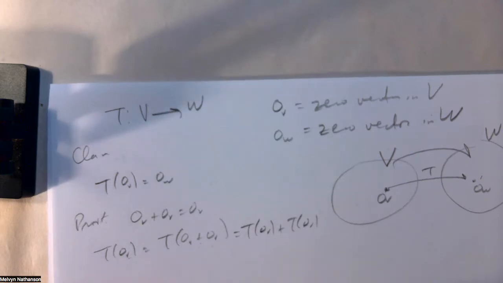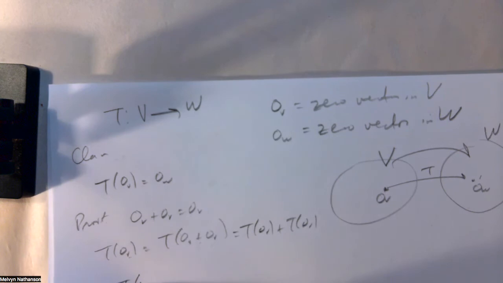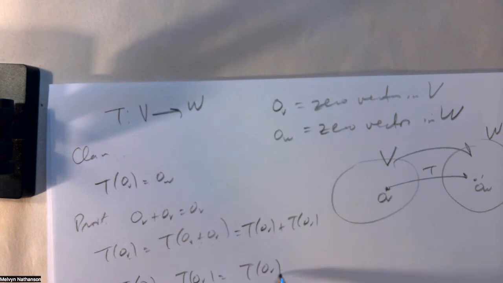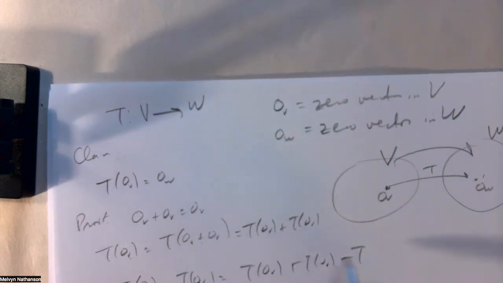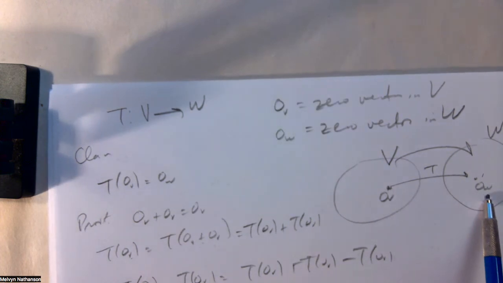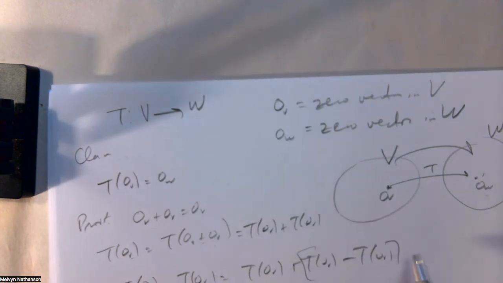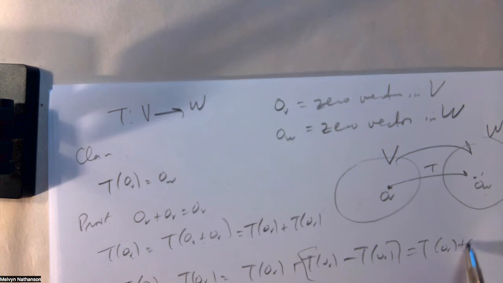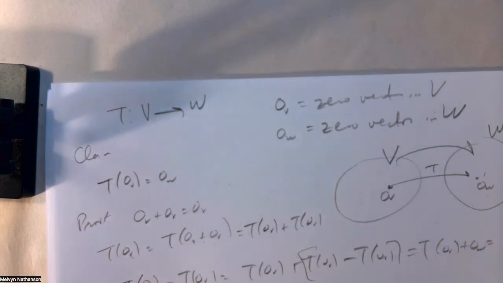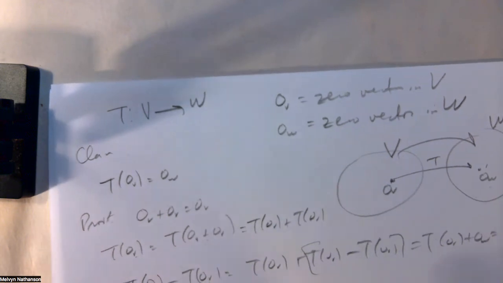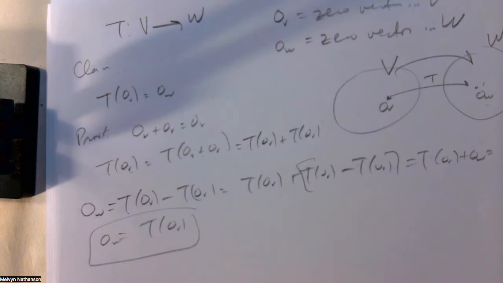So if I subtract T of 0V from this equation, I get T of 0V minus T of 0V is T of 0V plus T of 0V minus T of 0V. But over here, if I take a vector and subtract it from itself, I get the 0 vector. So this is T of 0V plus the 0 vector, which is T of 0V. So that is a proof that a linear transformation sends 0 to 0.